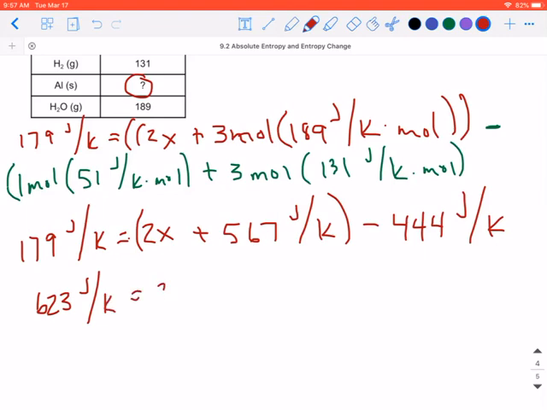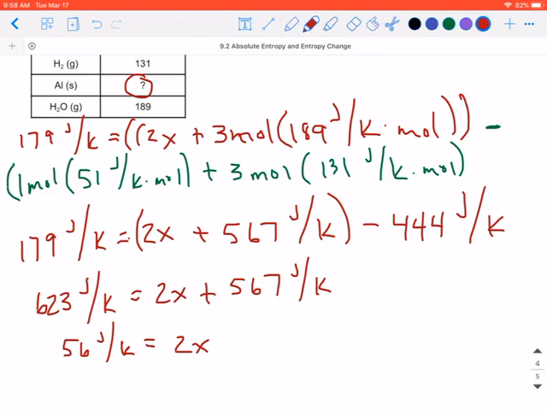And that gives me 2x plus 567 joules per Kelvin. Okay. So now I can subtract over the 567 to get x on the side by its own. So then you get 56 joules per Kelvin equals 2x.